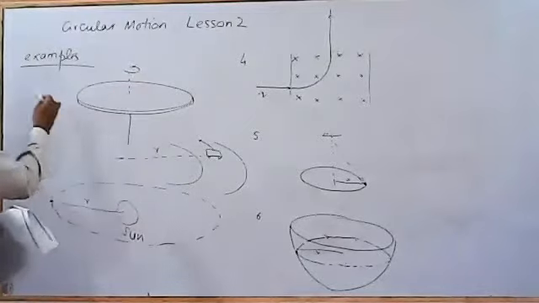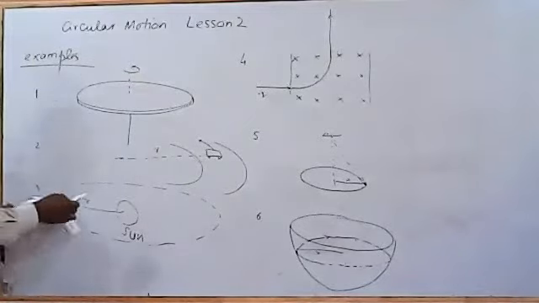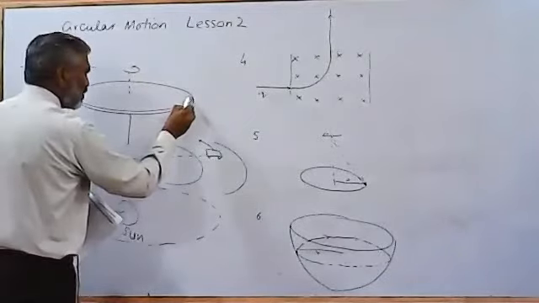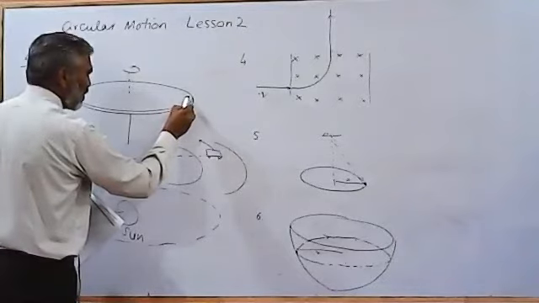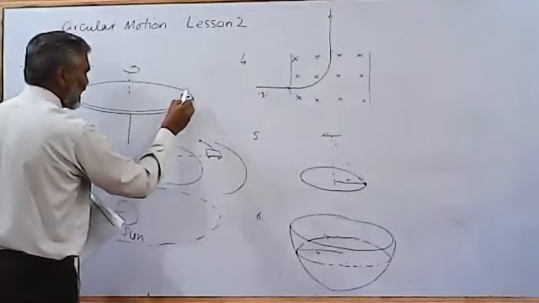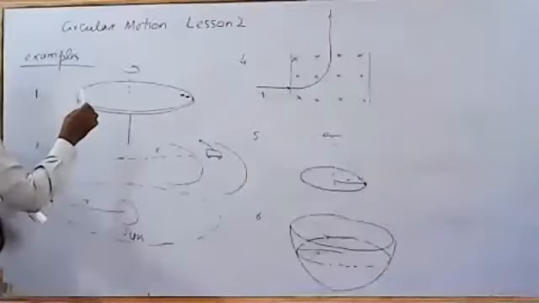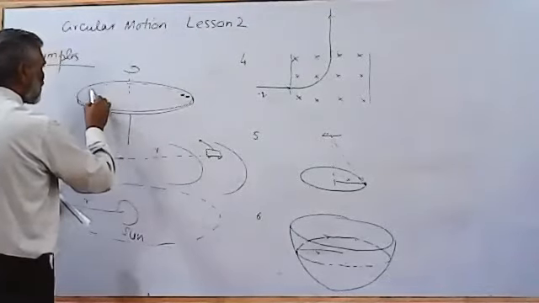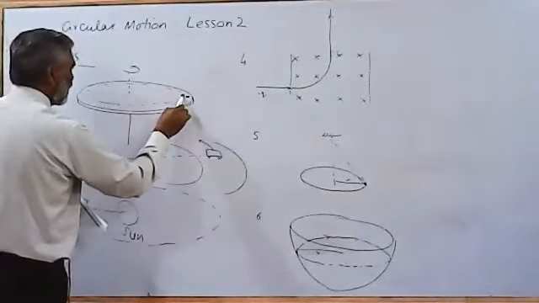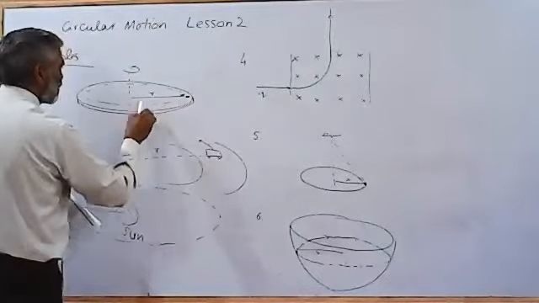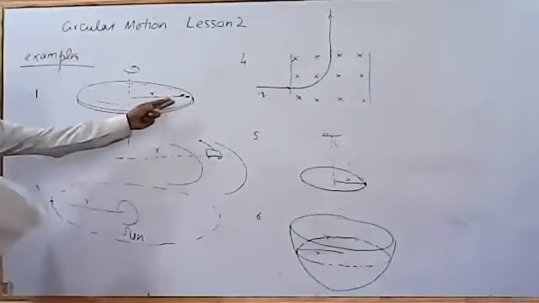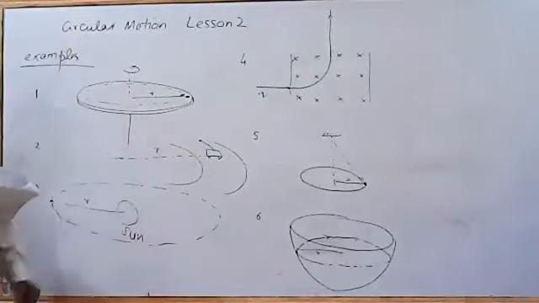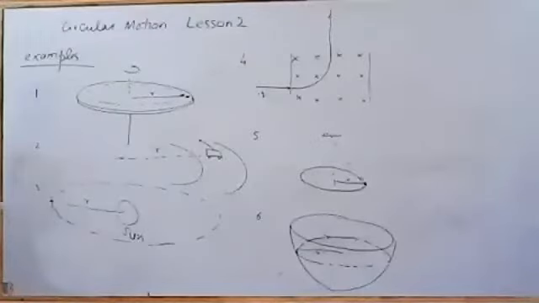This is a disc, it is rotating in this manner about an axis, and you place an object here. It may be a small coin of certain mass m. When this disc rotates in this manner, the coin obviously moves in a circle. And this is the radius of the circle, which is the distance of the coin from the axis of this disc.